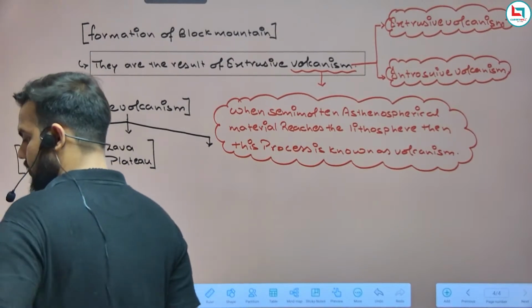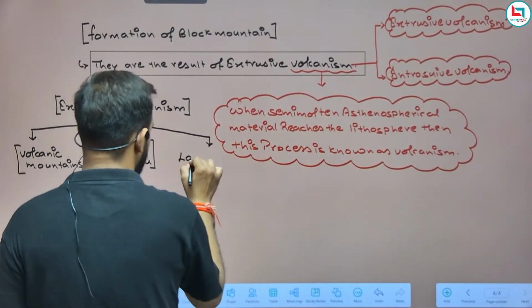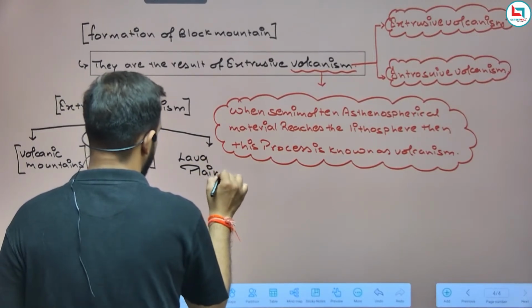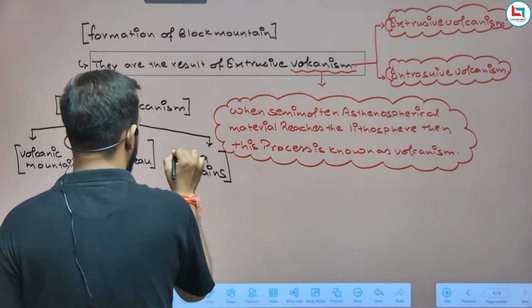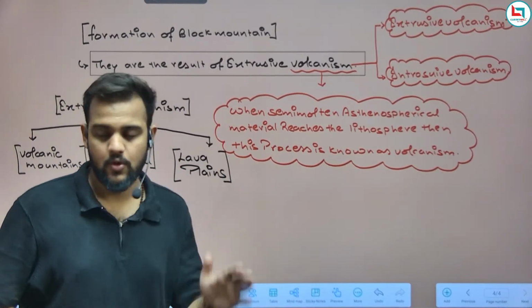And the third structure is the lava plains. So we have three different structures due to extrusive volcanism.